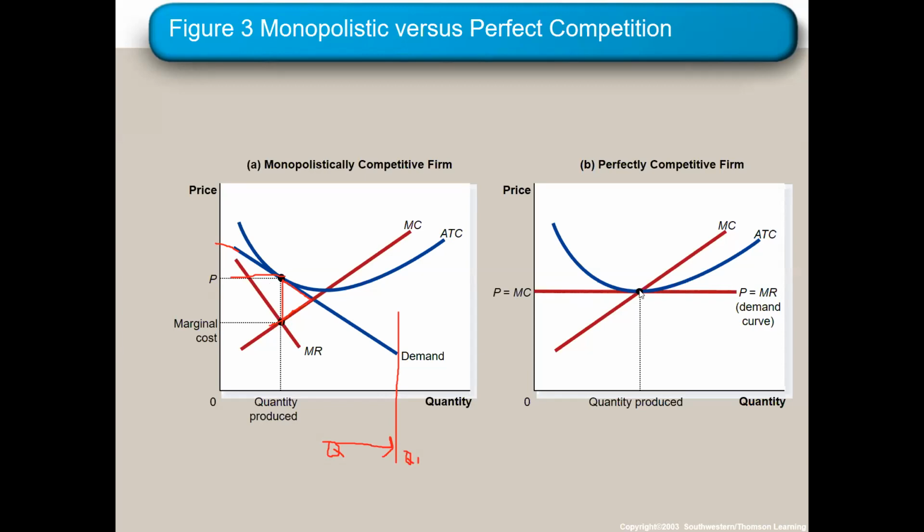Here, MC equals MR, it is the same. Now, Max asked about producer surplus, and it's going to be below the price and above supply. So producer surplus would be right in here.